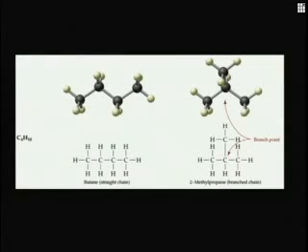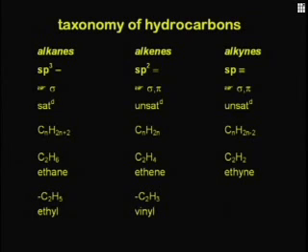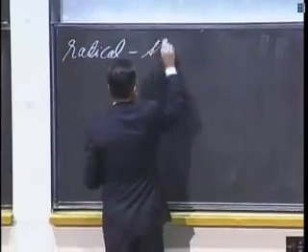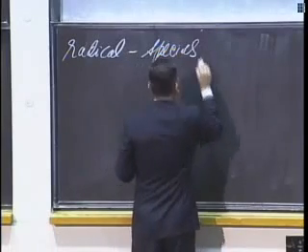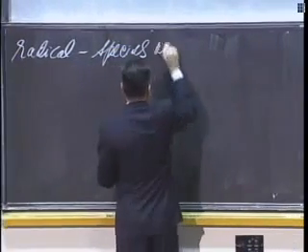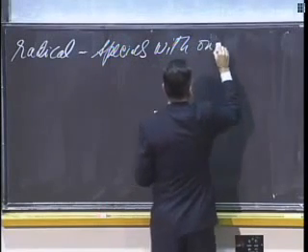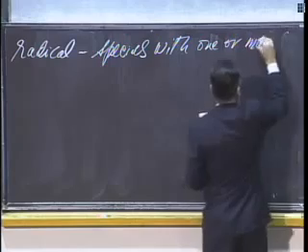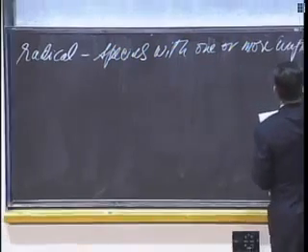This is just the methylpropane and the straight chain butane. Down towards the bottom, there's something called ethyl, and that's a radical. So we need to know the radical terminology. The radical is a species with one, in some cases more, unpaired electrons.